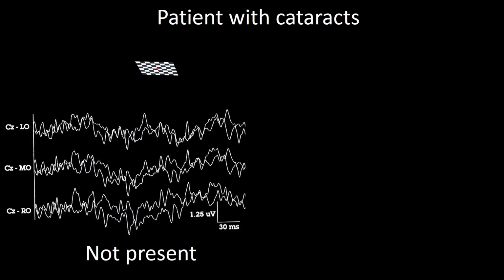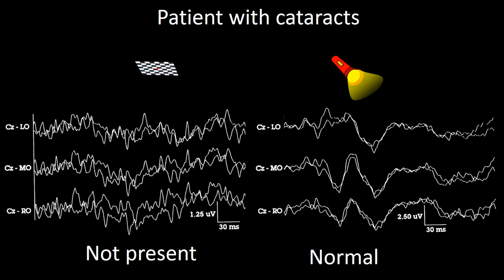This tracing is the result of a pattern VEP study in a patient with cataracts. No identifiable waves are present, whereas in the same patient the flash VEP was normal.